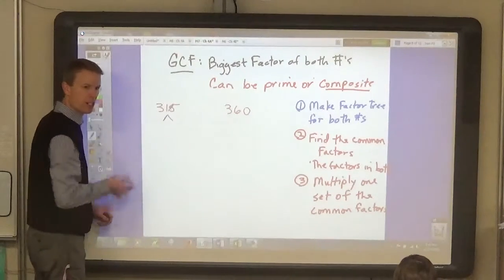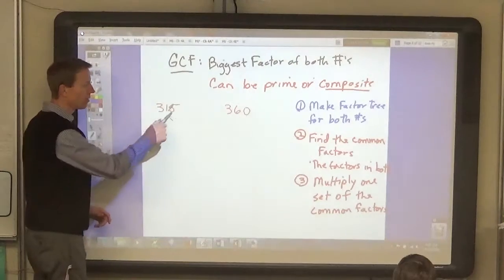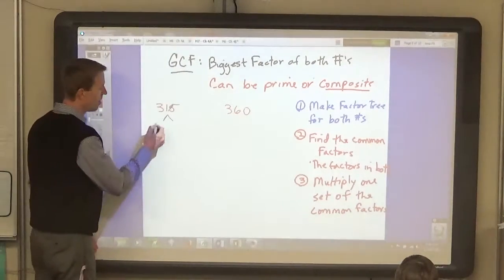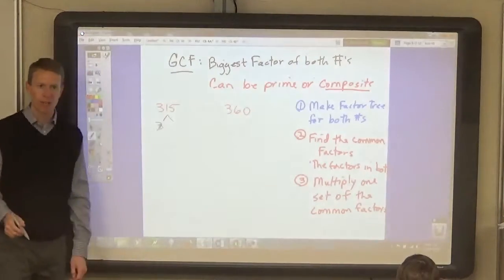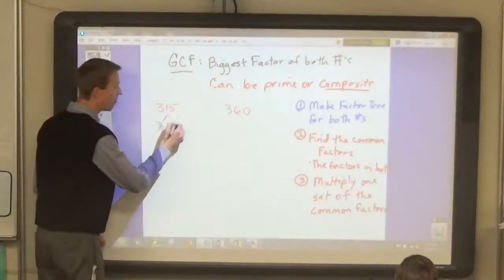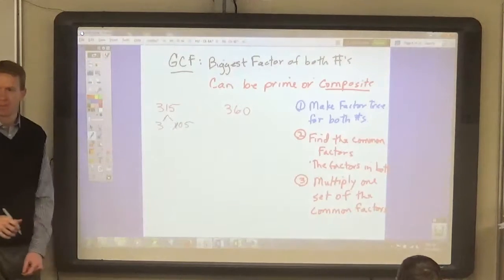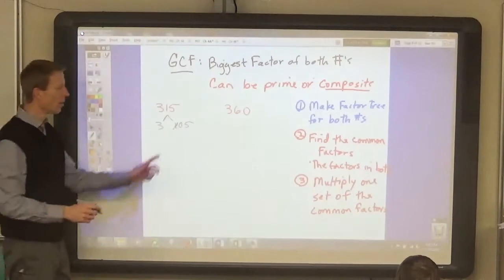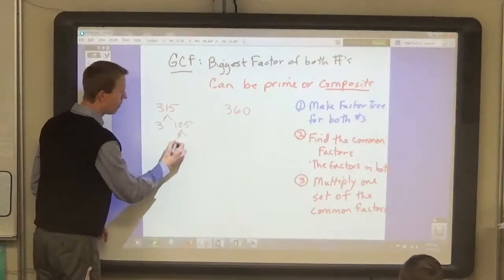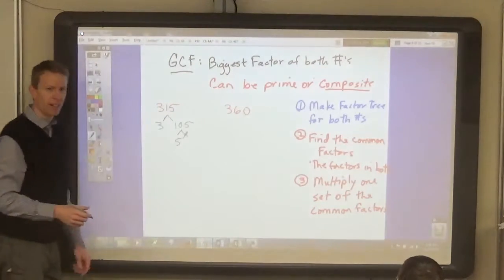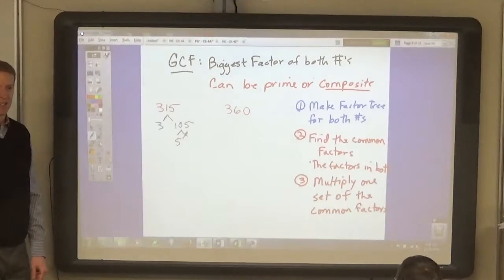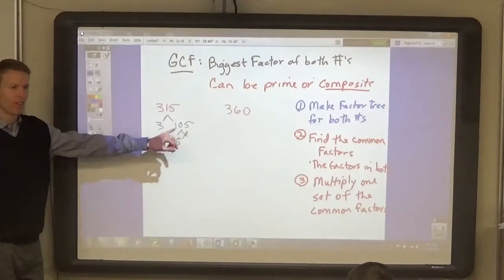Because when you add the digits, 3 plus 1 is 4, plus 5 is 9. So we can divide it by 3, and it's 105. Good. Now, are both of these prime? No. 105 can be divided by 5, or 3 again.